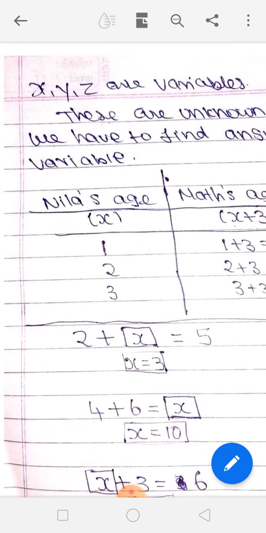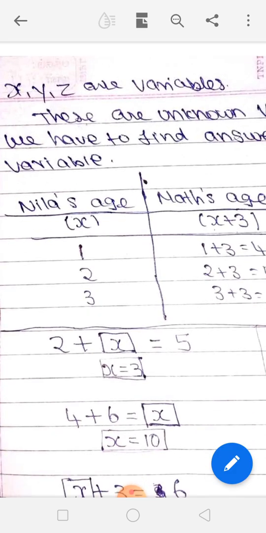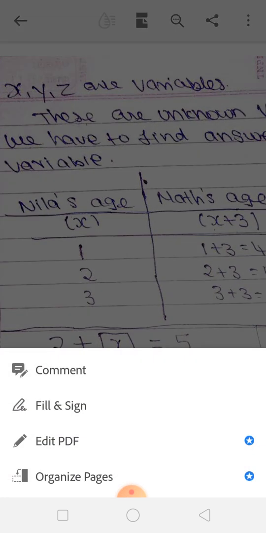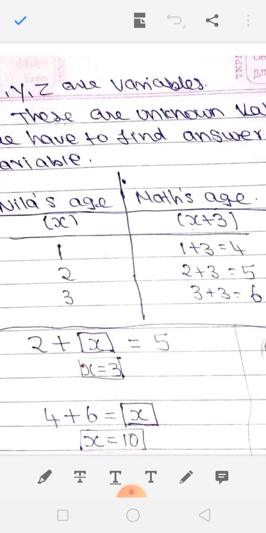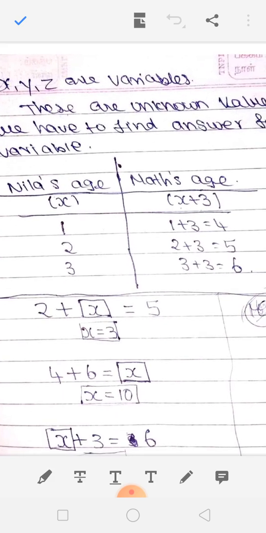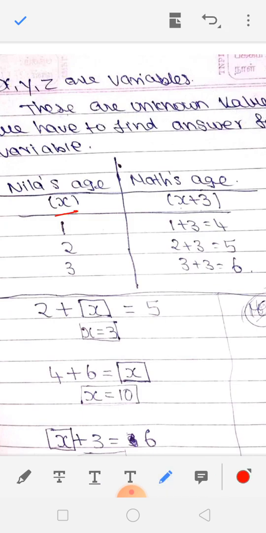Suppose, for example, look at the box. Nila's age is x. I am taking Nila's age as some x, and Madhi's age is x plus 3.